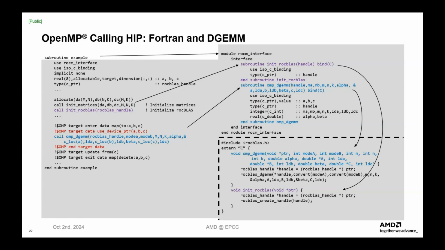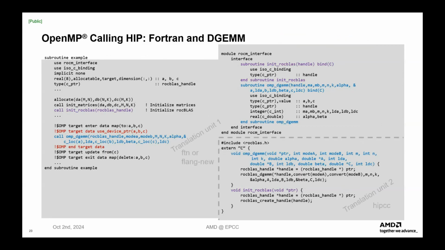It's important that this works like in the C example I showed before, where you call the kernel inside the interface. So important is that you put those two parts in two different translation units.